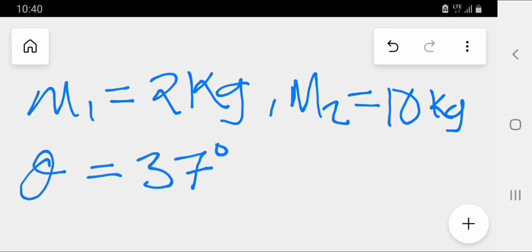So these are the values that we are going to substitute in the given problem. So by substituting, acceleration is going to be equal to, what is m2? M2, we say that it's 10. What is the gravitational force?